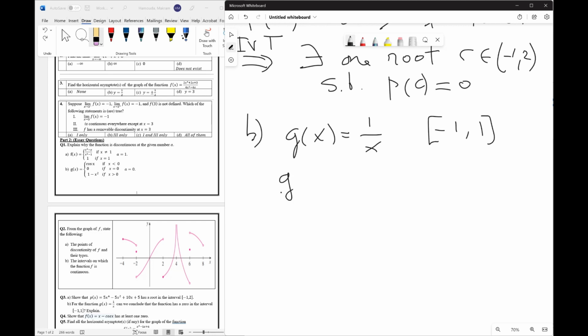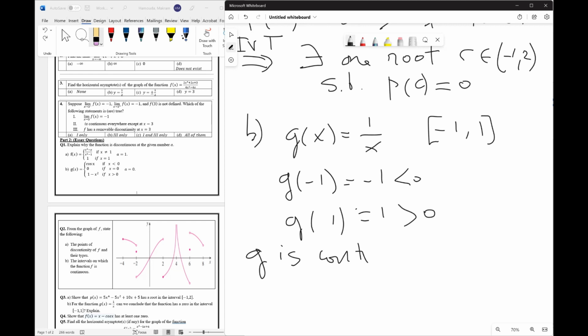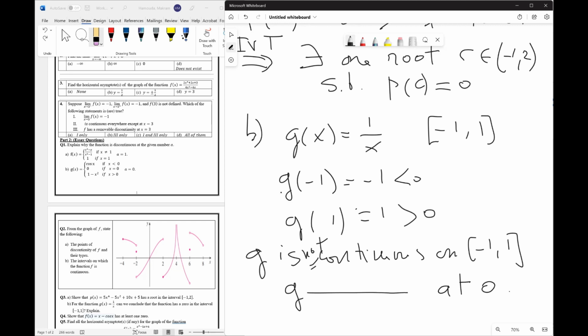Although we have g of minus 1 is equal to minus 1, this is negative, g of 1 is equal to 1, this is positive, but we cannot conclude with the IVT because g is not continuous on the interval minus 1, 1. More exactly, g is not continuous at the point 0. The problem is at 0. It's not even defined at 0. So we cannot apply the IVT.